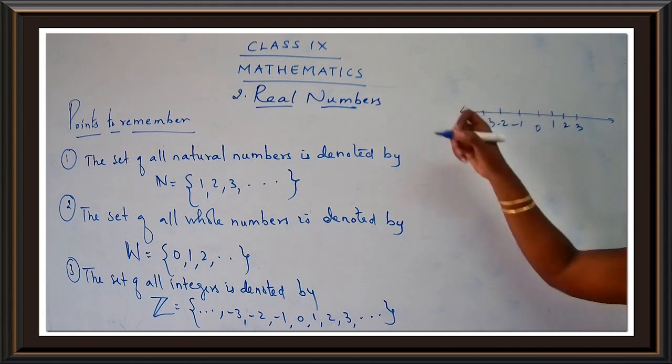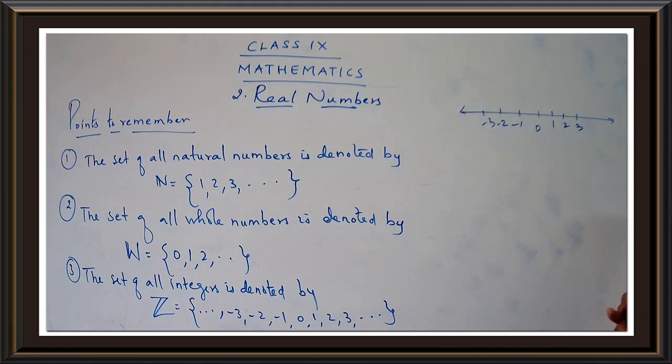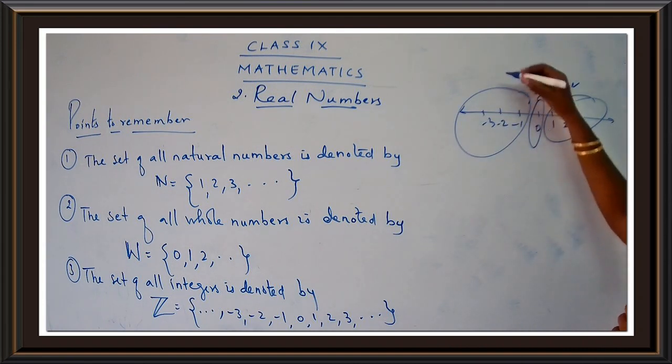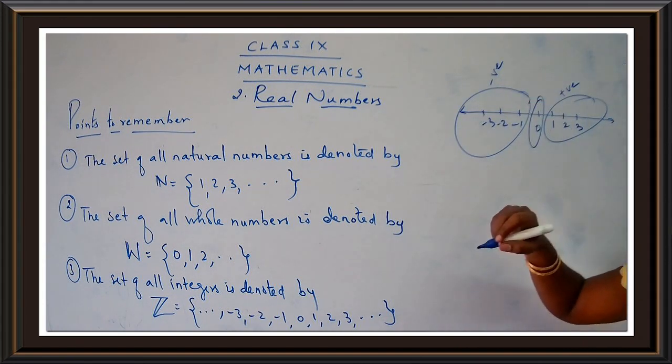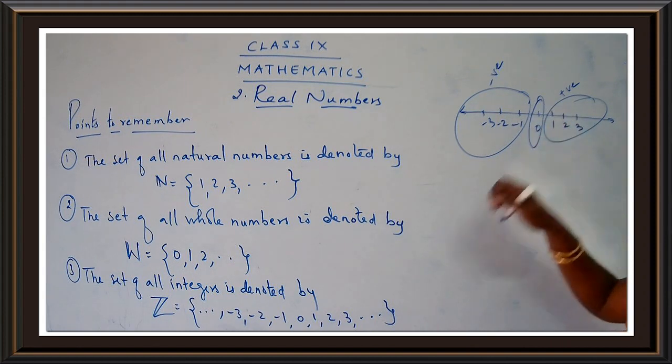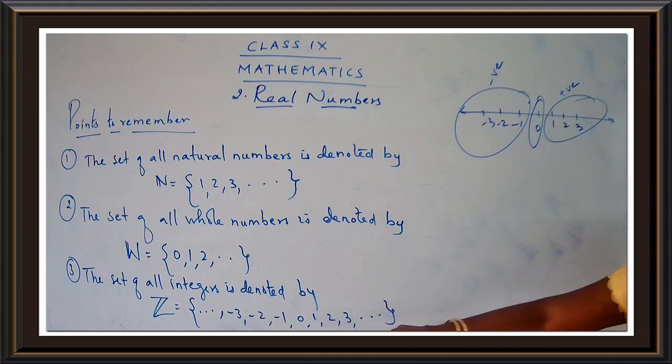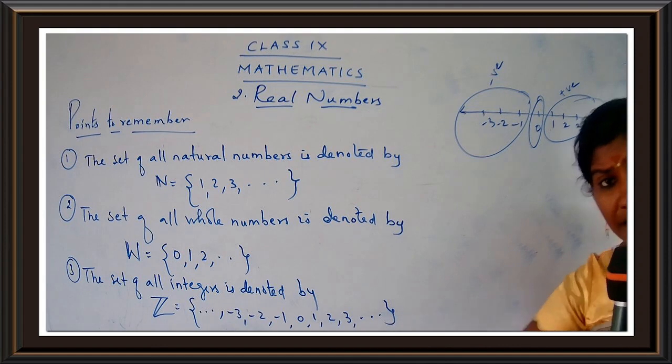Okay, it goes on. So integers include 0, all the positive integers and also all the negative values. Okay, children? So you have to take the number 0, then all the positive numbers and all the negative numbers.